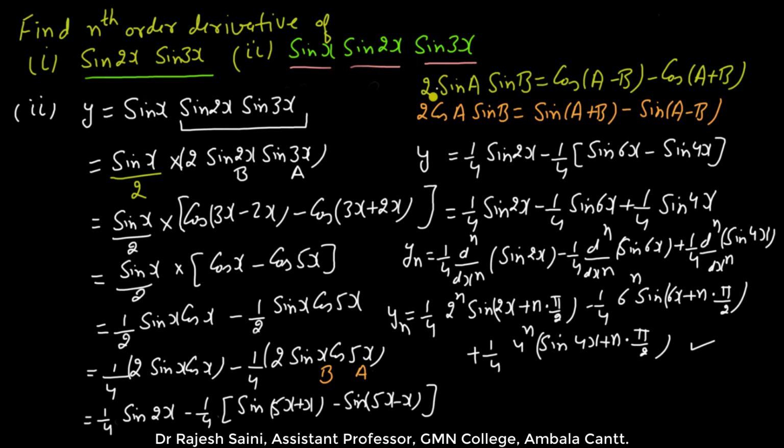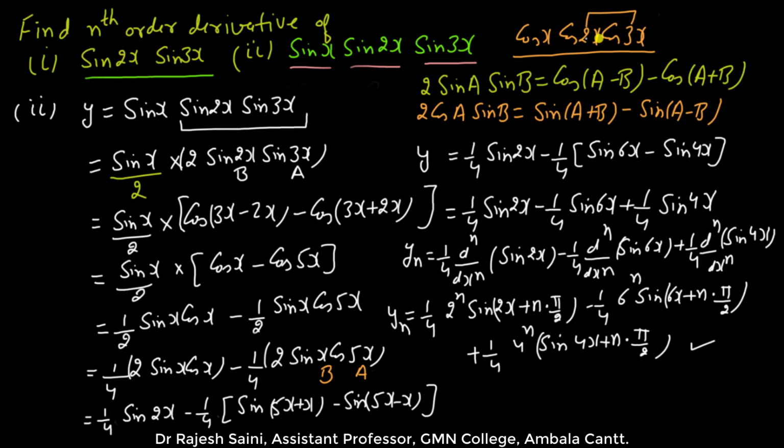Similarly, on the same lines, using these elementary formulae, we can calculate. If here we are given cos x, cos 2x, cos 3x, we can also do it on the same lines. Firstly, we will deal with cos 2x cos 3x, then we multiply inside and we will deal with the product of the further 2 functions.